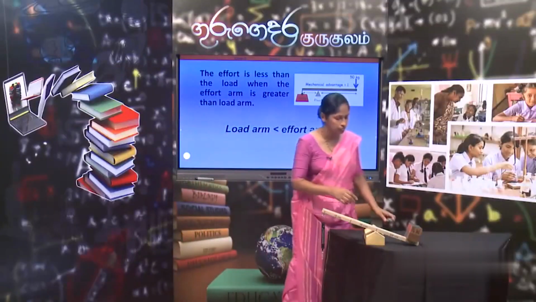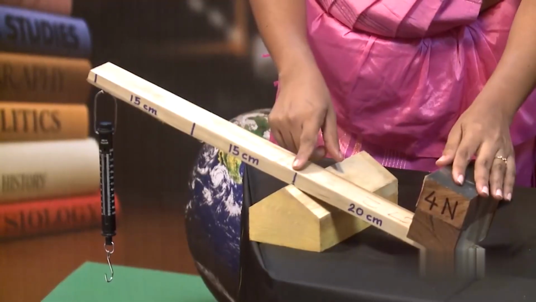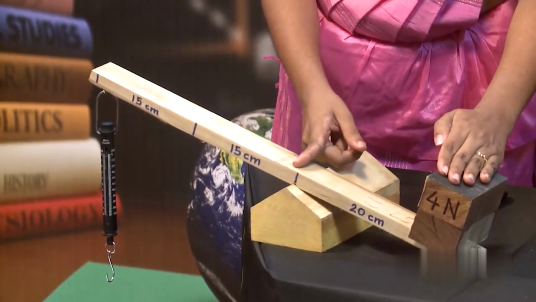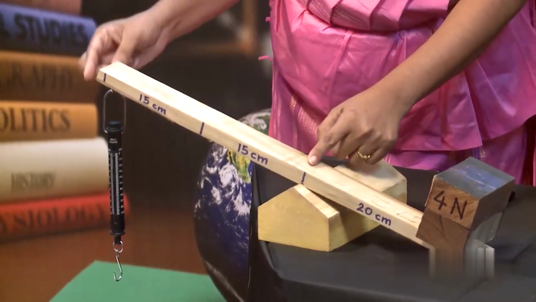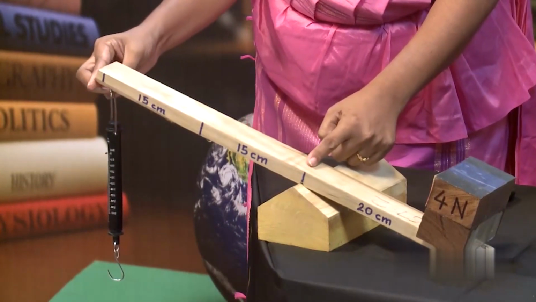Now, we did the activity and let us summarize it. This point acts as the fulcrum. The distance between load and fulcrum is the load arm, and the distance between fulcrum and effort is the effort arm.